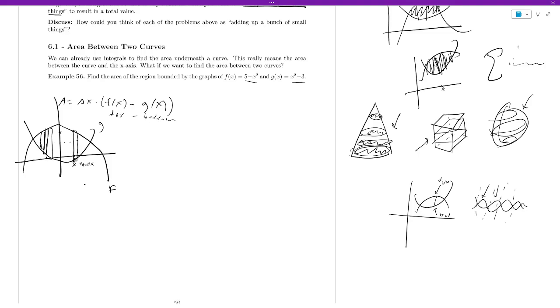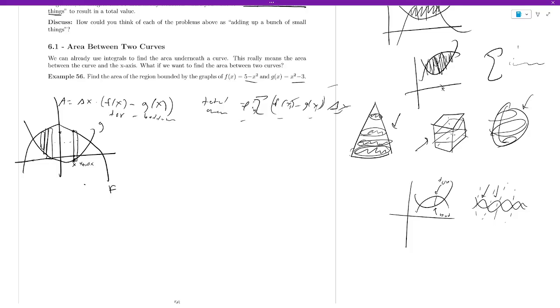Okay, so that's the area of one of these little rectangles, and we know that if we wanted the total area, we could do a Riemann sum. I'm not going to write the whole thing super clearly, but basically we're doing the heights of the rectangles, with x sub i's here, times delta x, and a limit.